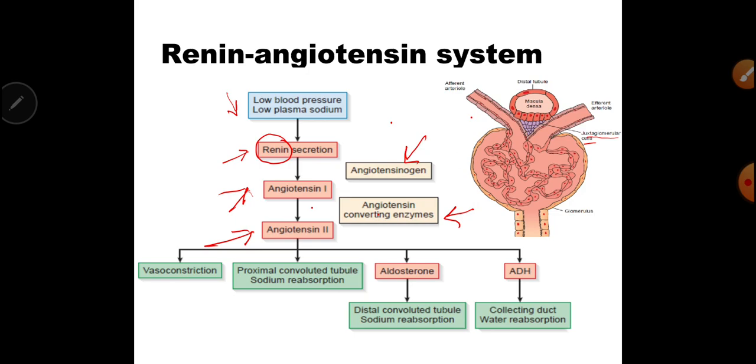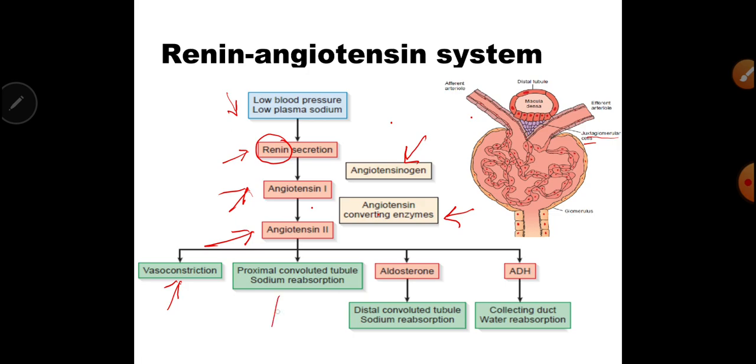Angiotensin 2 has multiple functions. As an important part of the vasoconstriction process, it will decrease the diameter of the efferent arteriole in the nephrons of the kidney, and this will increase the blood pressure inside the nephrons, resulting in more capacity for filtration of the blood, even if there's a drop in the blood pressure.